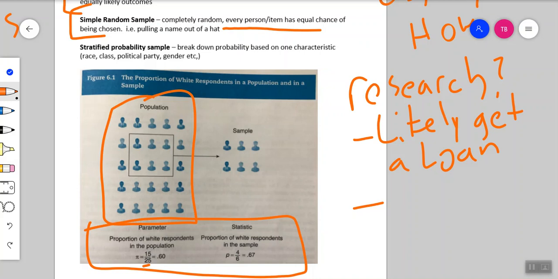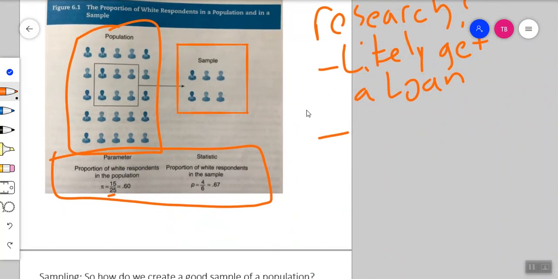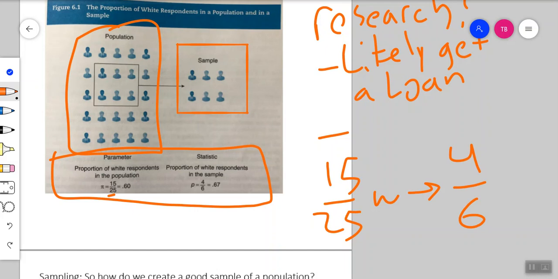In that case, the goal is that you want your sample to be roughly the same proportion of white folks as your population was. Because you're interested in this characteristic, in this example race, but it could be something like class, it could be Republican or Democrat, whatever characteristic you're looking at, you want to keep it proportional. In this instance, they have 15 out of 25 folks, let's say of this classroom, who are white, and the sample should be roughly 4 out of 6.